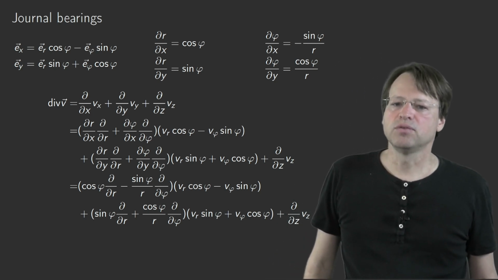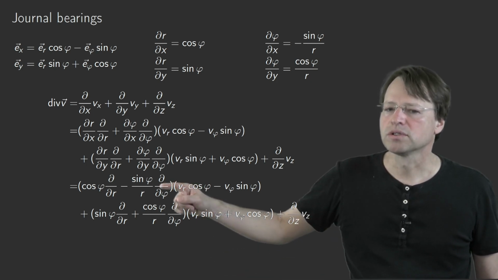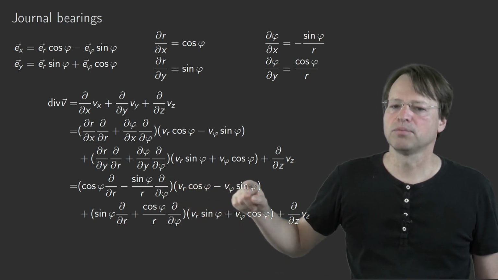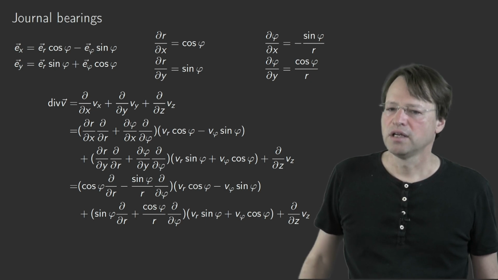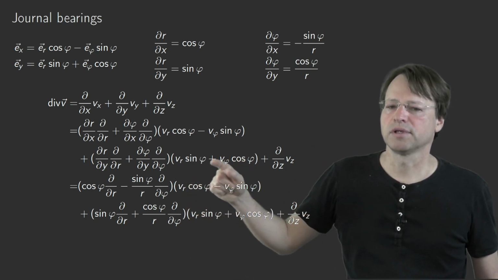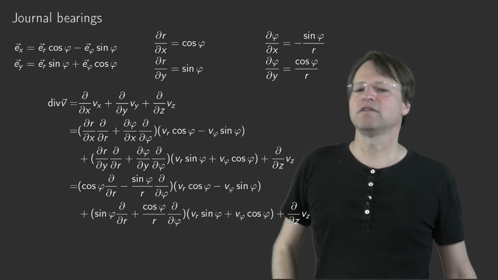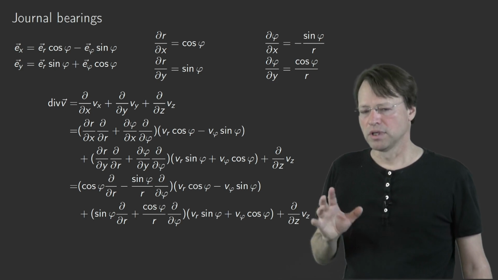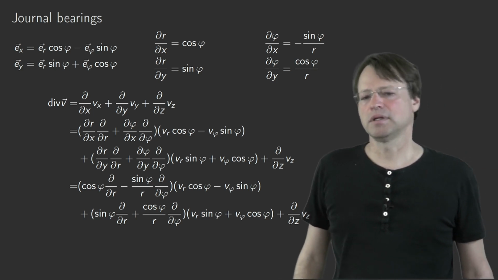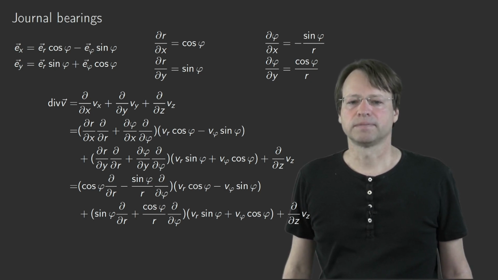And what you see, if we do this, we have to pay a little bit of attention, because not only the velocity components, v_r and v phi, depend on r and phi, but of course also the trigonometric functions, cosine phi and sine phi, depend on the angle phi. So one has to deal with it with a little care. So let's try to collect the results.